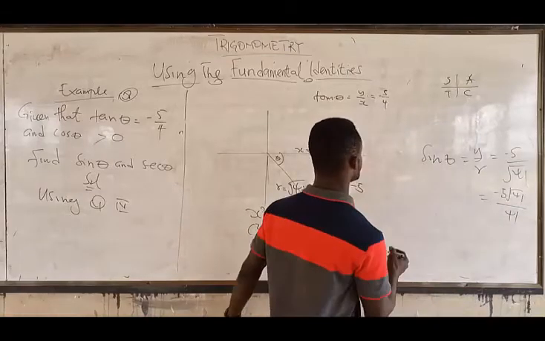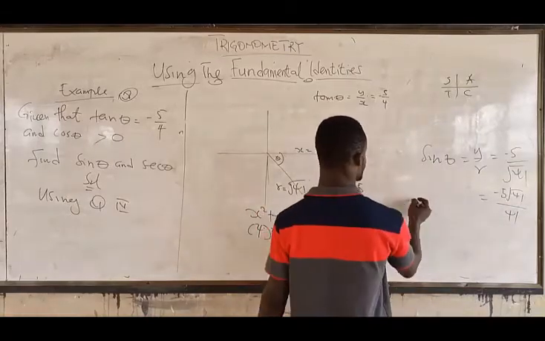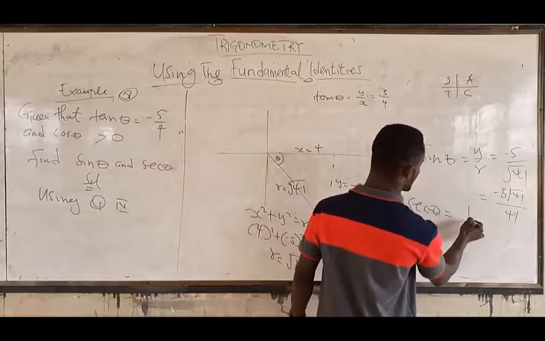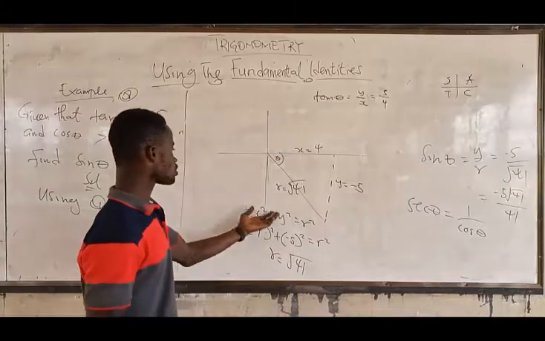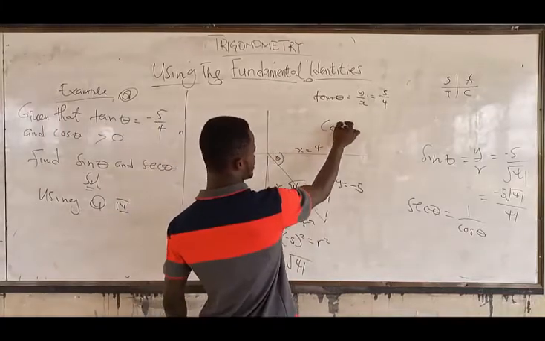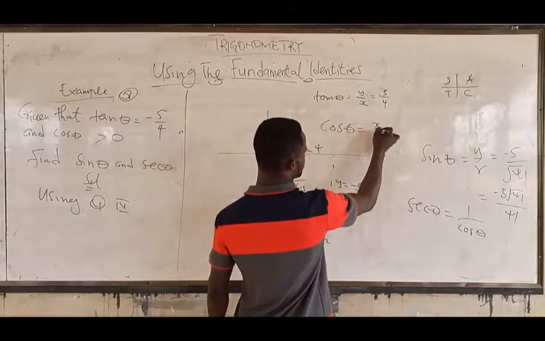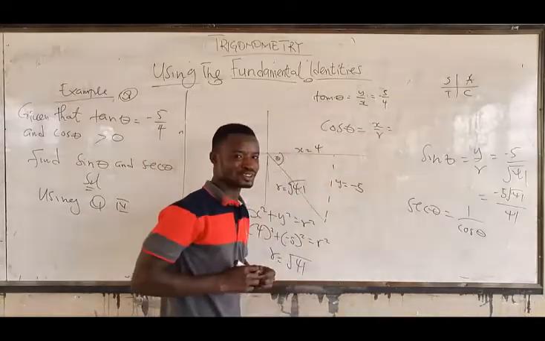Secondly, you can go for sec theta. Simple. That is 1 over cos theta. And what is cos theta here? Cos theta is x over r.